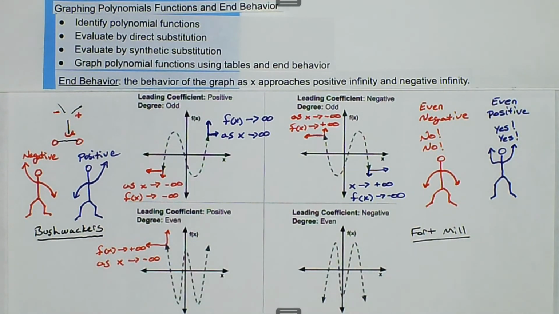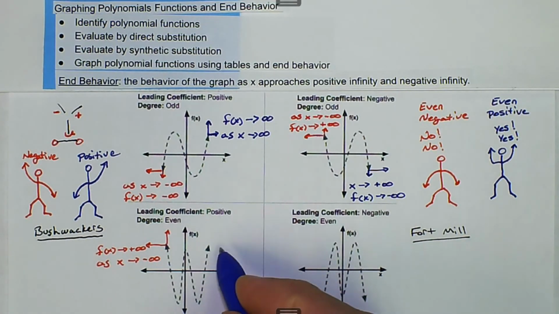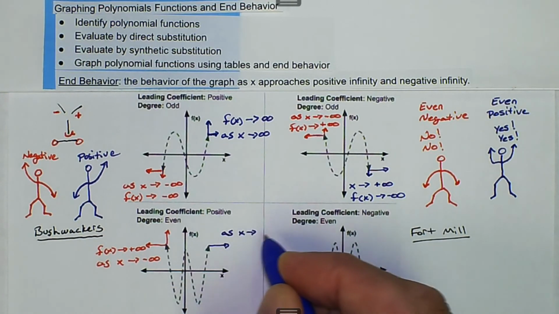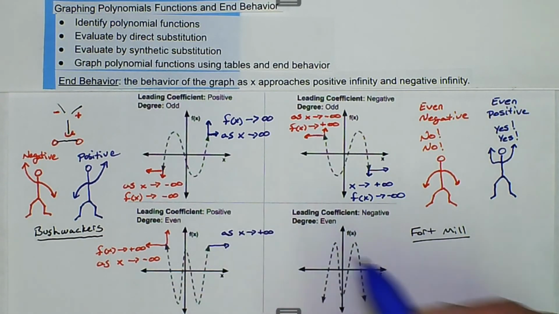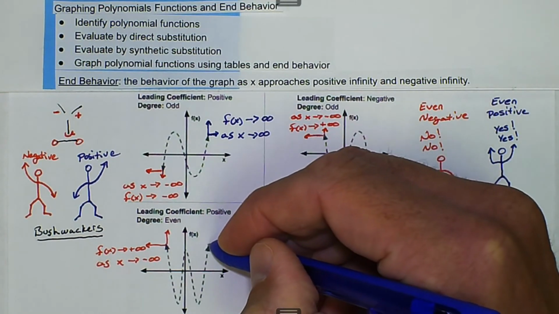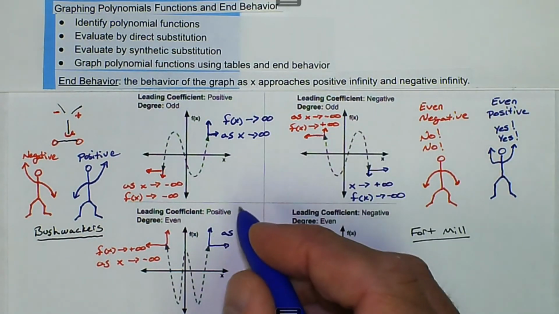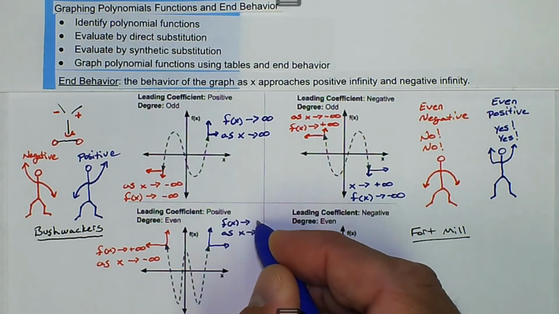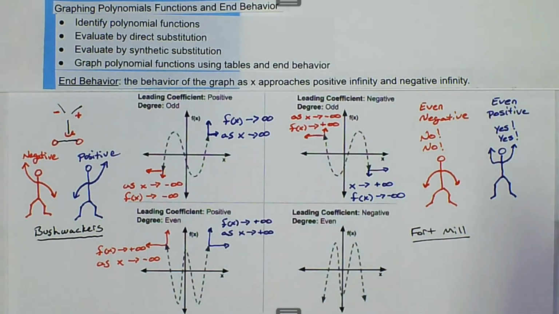Now over here, as x goes to positive infinity, what's the function do? The function also goes to positive infinity. So whenever we have an even function, highest degree like 2, 4, 6, the function always points the same direction.